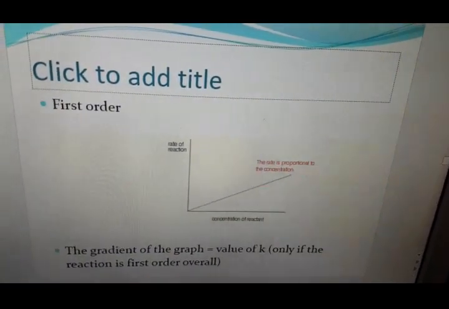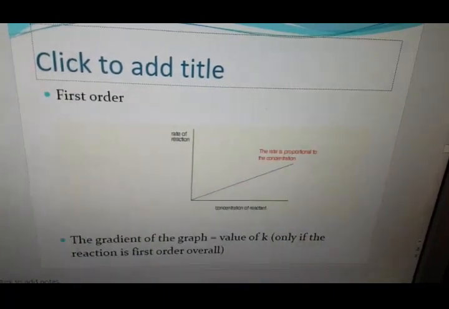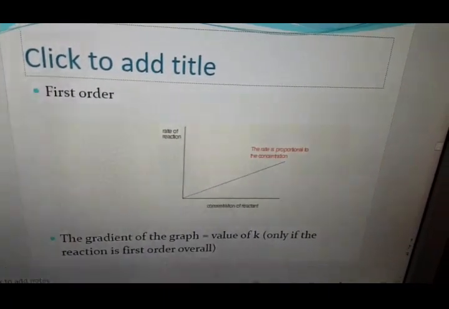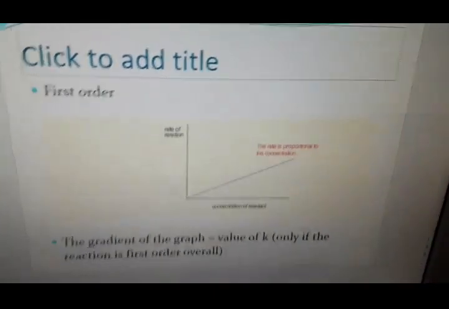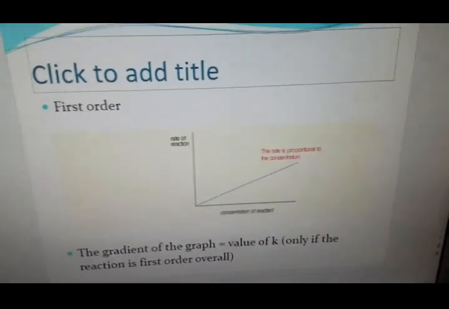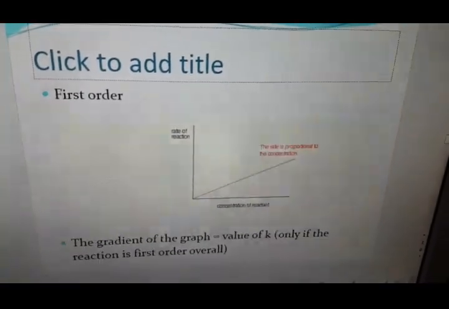Not just first order with respect to reactant A, it would have to be an overall first order reaction. In other words, if there's a reactant B, then B would have to be zero order. If B is zero order and A is first order, then the gradient of that graph would equal the value of k.